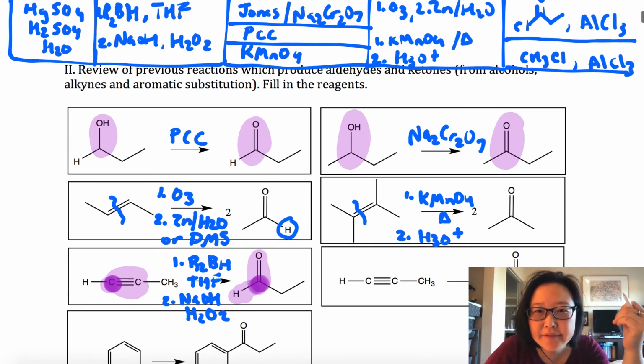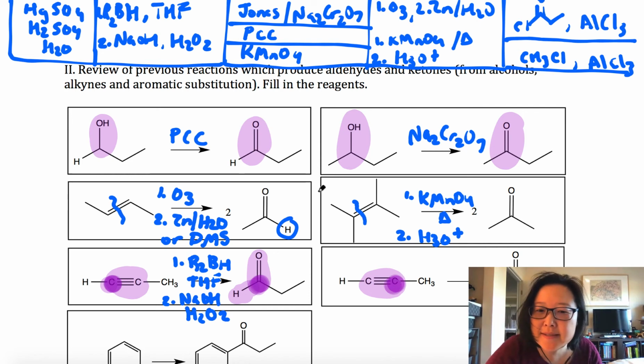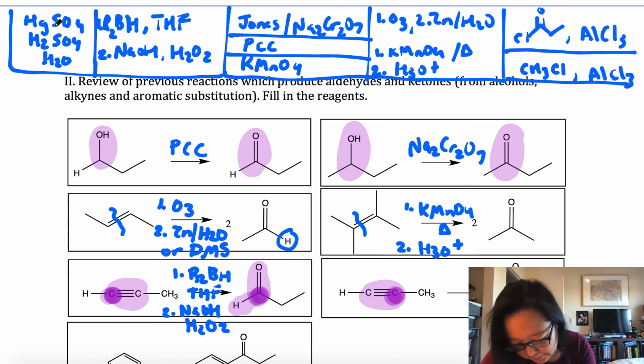All right, for the next one, we have, again, an alkyne, but this time the reactivity is on the more substituted carbon. So this is the addition of water to an alkyne at the more substituted carbon. This is similar to the alkene reaction. If I had an alkene, I would use H2SO4 and water, or I would use the oxymercuration reaction: mercuric acetate, THF, and water. For the alkynes, we use mercuric sulfate.